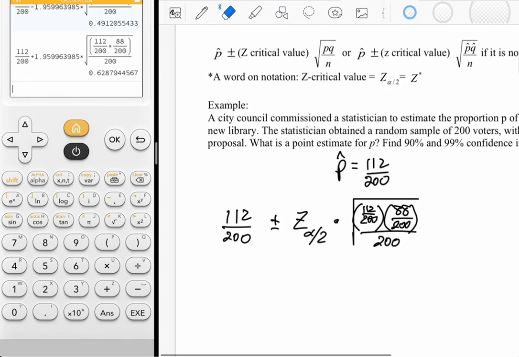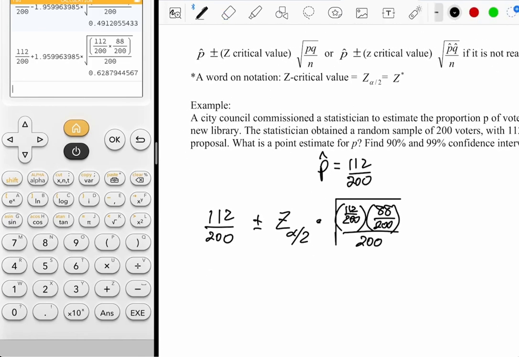All right, so for a 90% confidence interval, CI for confidence interval, the alpha value is going to be 0.10, because again, the 90% goes to decimal form, 0.9, subtracted from 1, that gets you your alpha. Alpha over 2 is going to be 0.05.